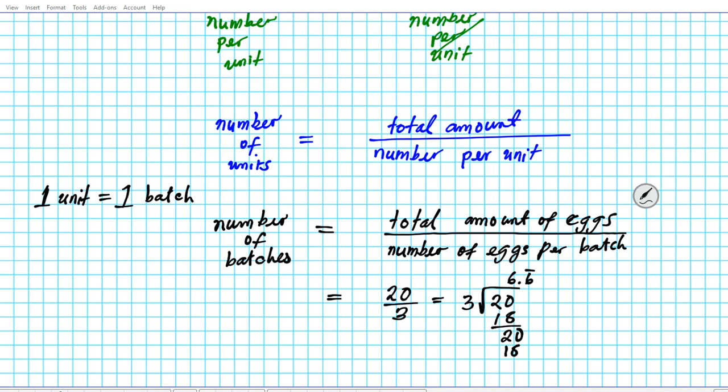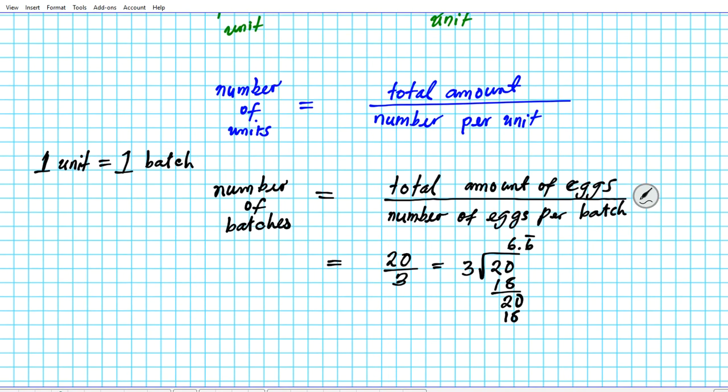So eggs come in wholes. So if we're thinking about the greatest number of batches that can be used, we cannot consider this fractional component. In this particular case, we are going to round down to find the maximum number of batches that can be used.